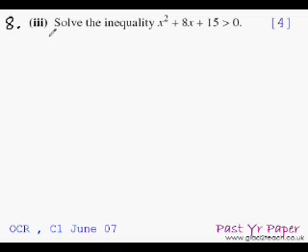Okay, so do this question. Really, it should not take you more than 10 seconds. So quickly tell me, what are the two factors of 15 whose sum or difference is 8?